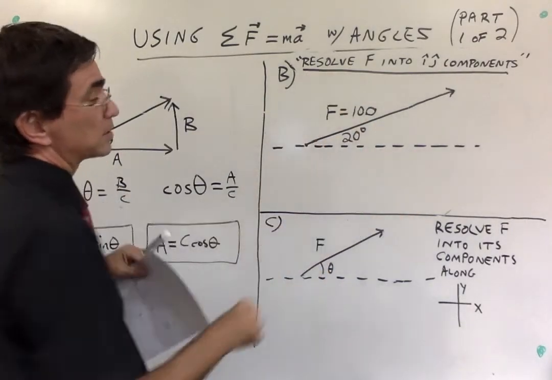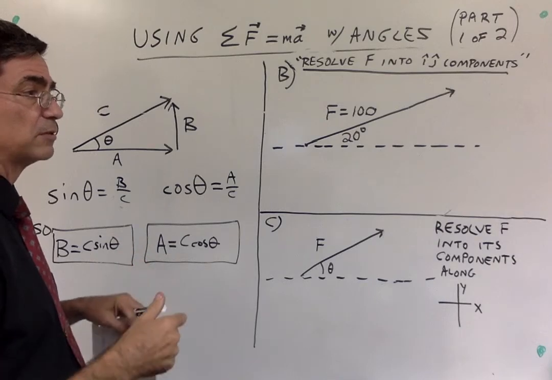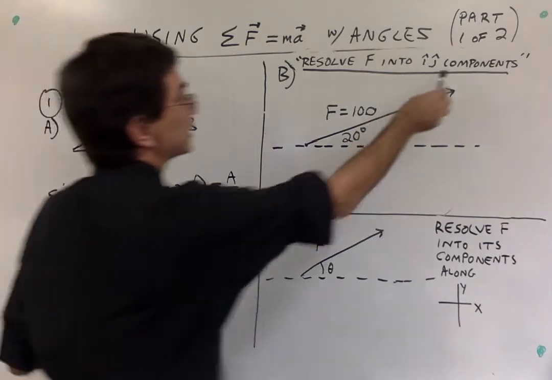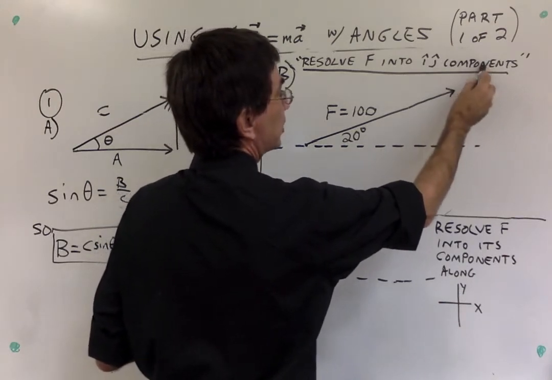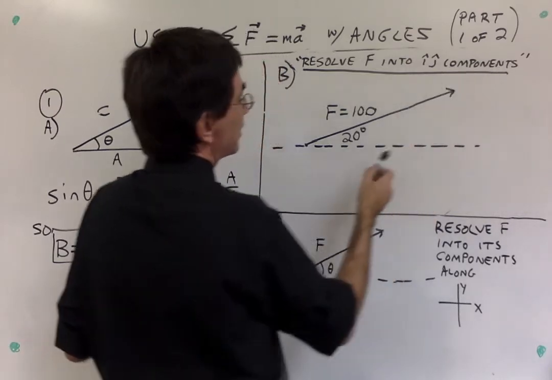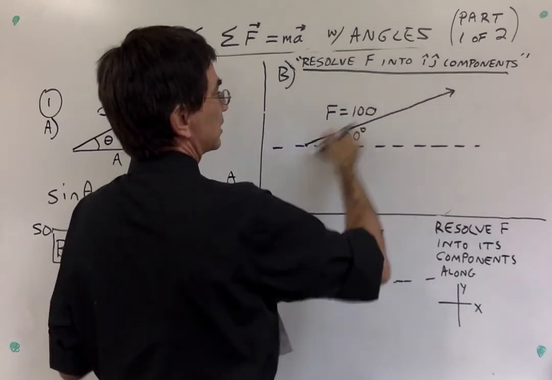And you've seen that use of solve before in the word dissolve, like when you dissolve salt into water and it breaks up into its ions. And the components are literally from Latin, the things that are being put together. The I component and the J component, you put them together and you get the original vector.